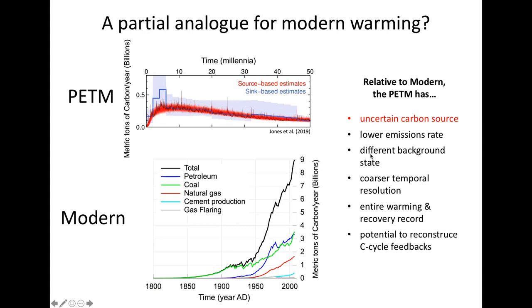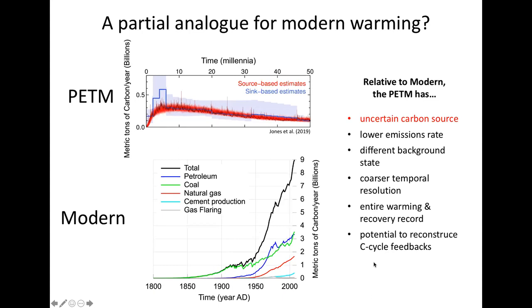It was much warmer then, so we were in a different background state. Any geological deep time record is going to suffer from having a coarser temporal resolution in comparison to the modern records. But there are some potential advantages of looking at deep time. A big one is that with this record of the PETM, we can see the entire warming and recovery. And of course, that's not possible today because we're trying to guess what will happen going into the future.